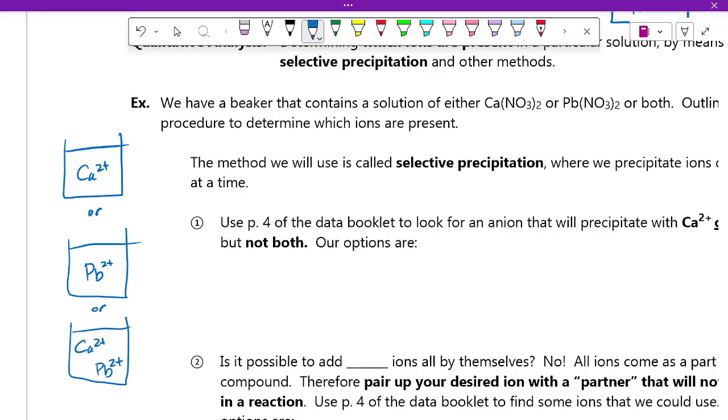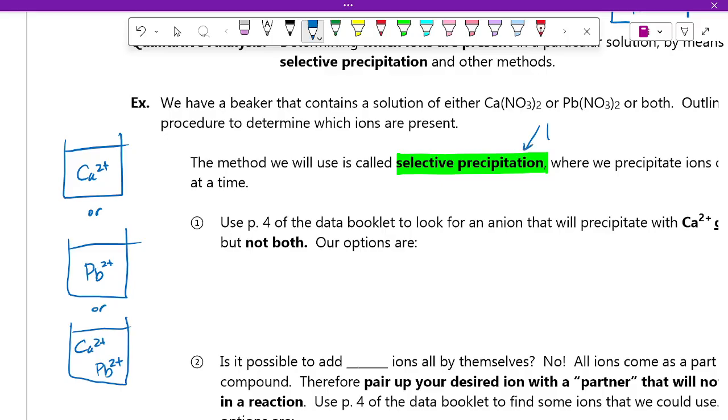And they all look like clear, colorless solutions. It all looks like water. So what we're going to do is this qualitative analysis procedure using a method called selective precipitation.